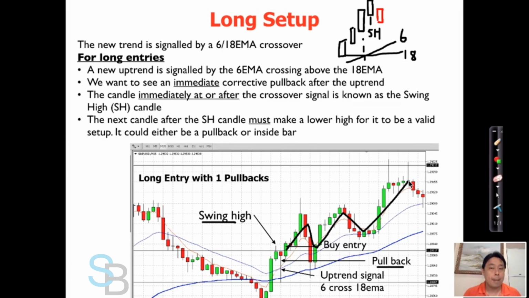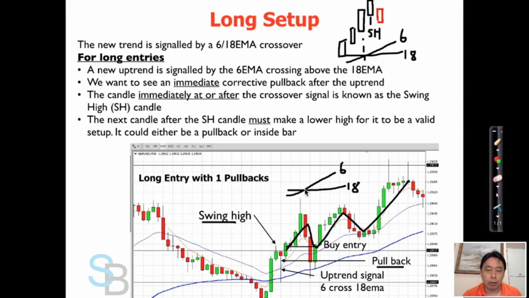Now let me emphasize that it is very, very important that a swing high candle must come right at the cross or right after the cross, but not any candle later. So in other words, let me draw a scenario that is invalid. Let's imagine the 6 EMA and the 18 EMA.